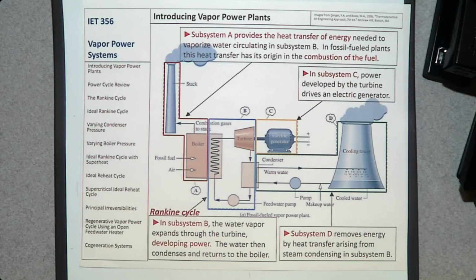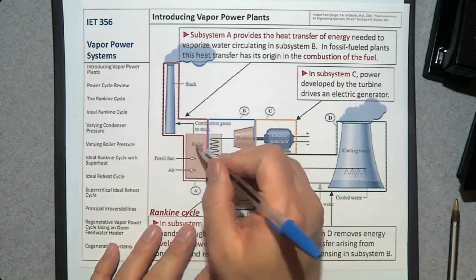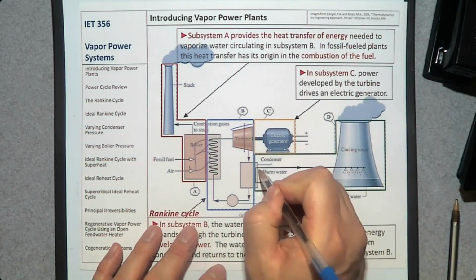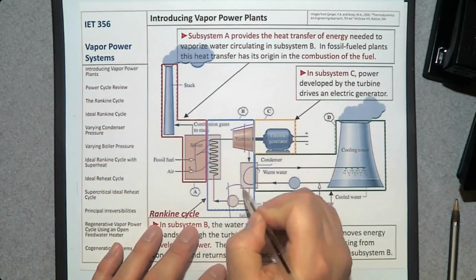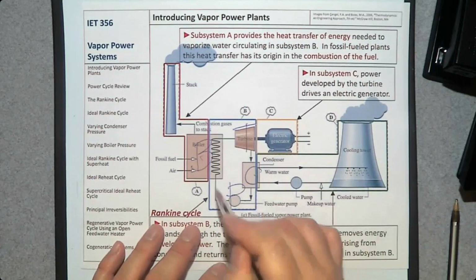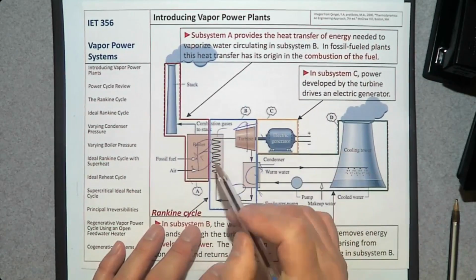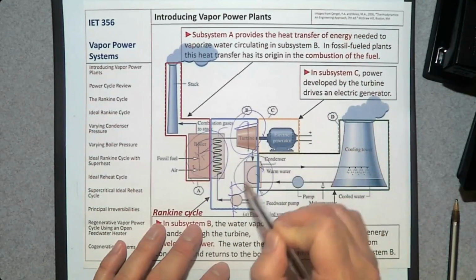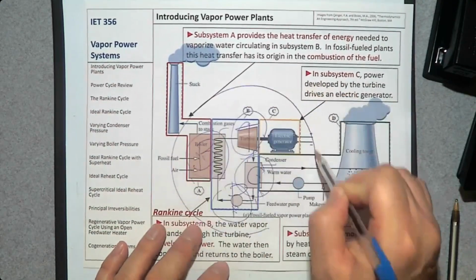This Rankine cycle has 4 components: boiler, turbine, condenser, and pump. So this one is boiler B, this one is turbine T, this one is condenser C, and this one is pump P. We are going to study how to connect them, how to study each component thermodynamically and evaluate the performance of the entire cycle.